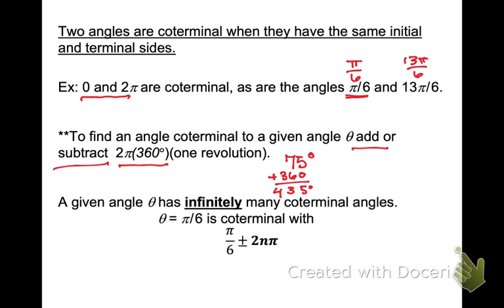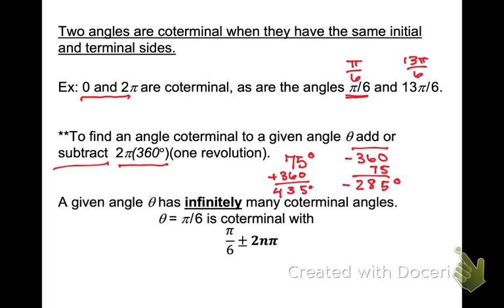But is it still coterminal? Yes, it's still going to stop at the same place. But I could also subtract. And I can put the negative just like this, can't I? Yeah. So that would be 5, and that would be 15, that'd be 8, so that'd be 2. So it'd be negative what? 285. Those are both coterminal angles to 75 degrees.